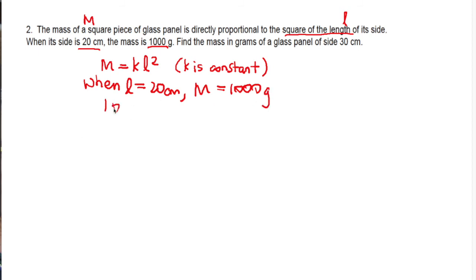Substituting, we have 20 squared. And solving for k, we have k is 2.5. Therefore, we can now find the equation.